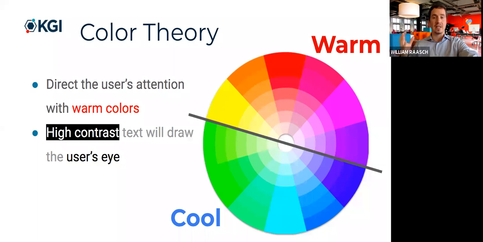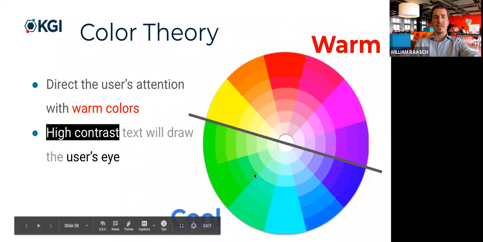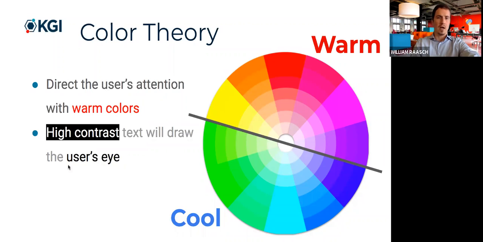For whatever reason, in our brains, we turn those colors into what's a warm versus a cool color. And there's a lot of evidence that you can direct the user's attention with the use of warm colors. So if you want them to click on a button, or if you want them to notice something, using these colors will really help.